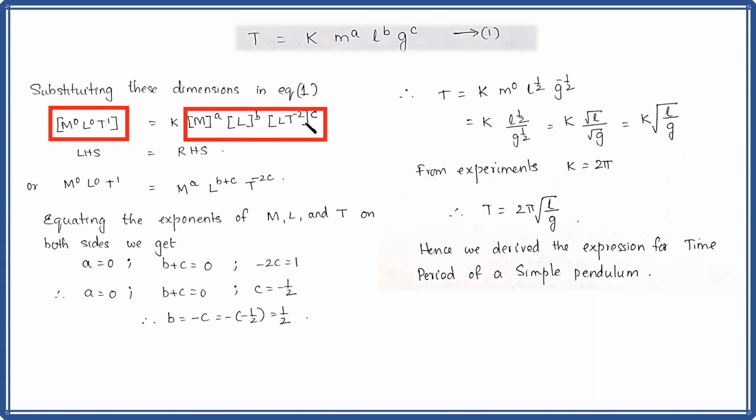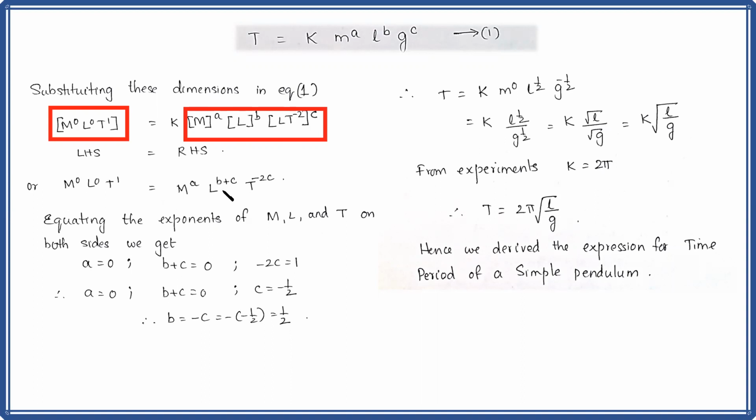I'm sorry, please. In the last term, L to the power of c. So the powers all together for L. In the middle term, the power is b. In the last term, the power is c. Therefore, L to the power of b plus c. And T to the power of minus 2, outside we have c. So T to the power of minus 2c.